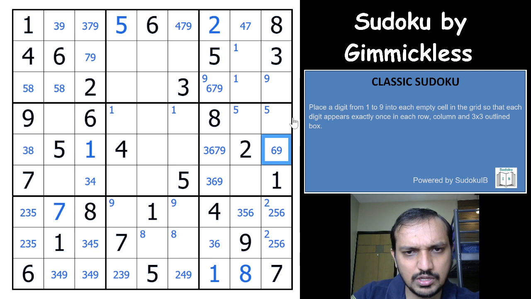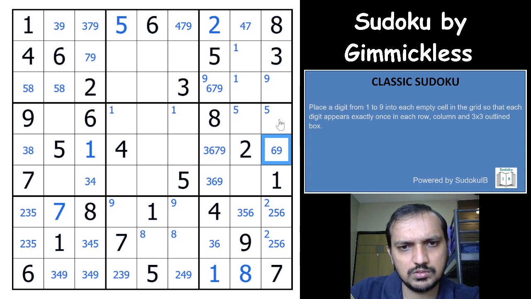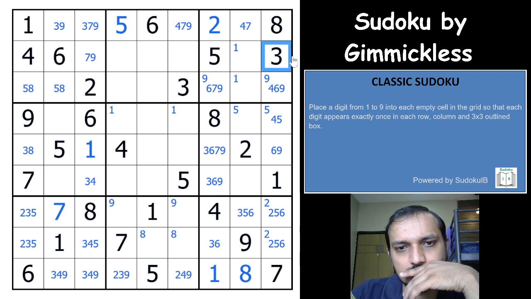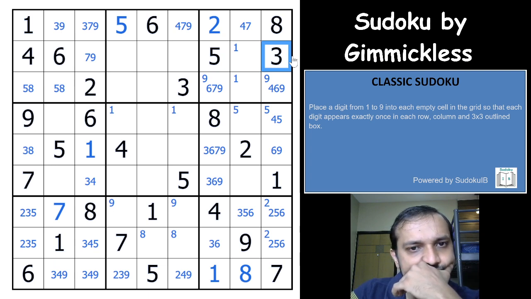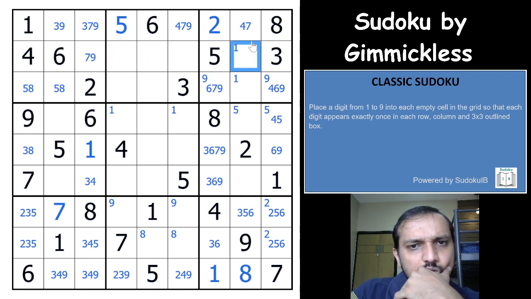This cell would have to be 6 and 9. So you have 2, 4, 5, 6 and 9. Am I missing something? 1, 4, 6, 7. 1, 4, 7.